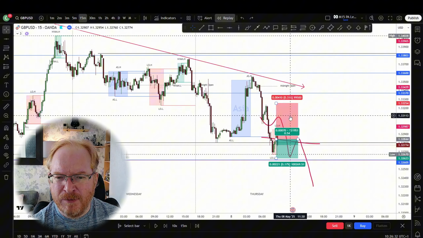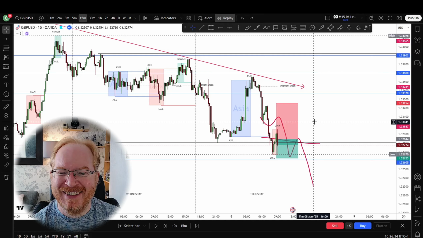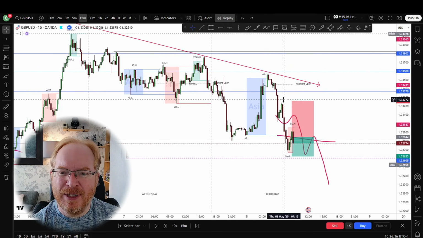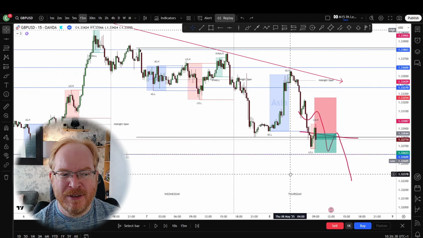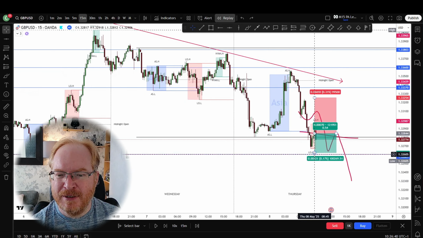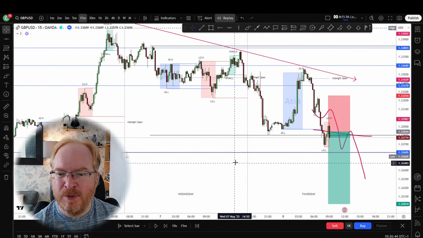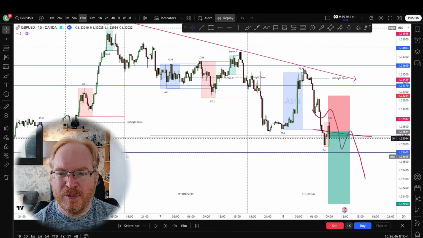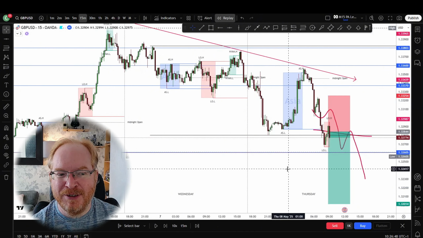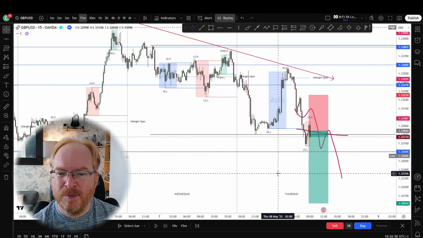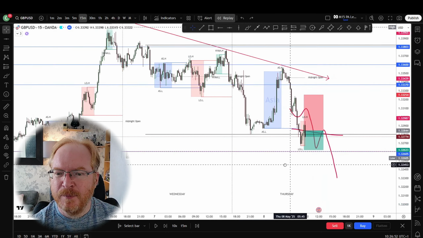So it was a 41 pip stop loss, which is okay, but my targets are going to be quite tight as well. This would have been set to 2R initially with the intention of pulling to break even or out before the interest rates, before the news. You don't leave them open into news.